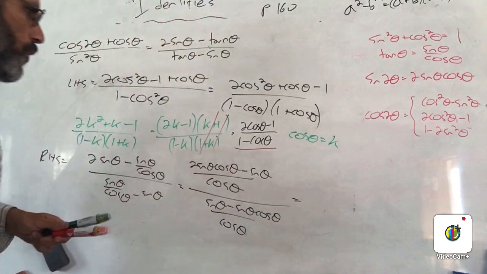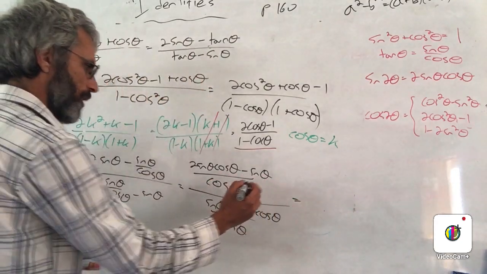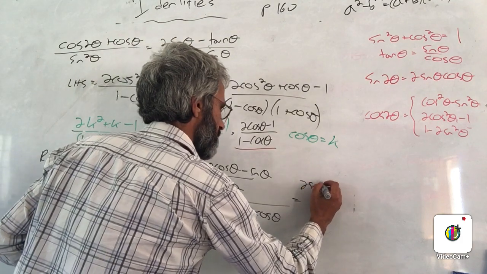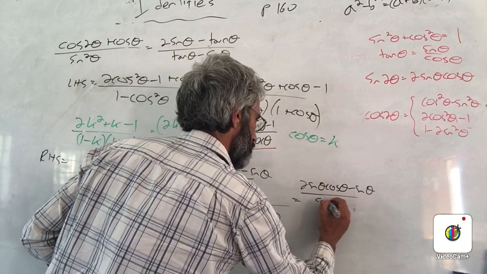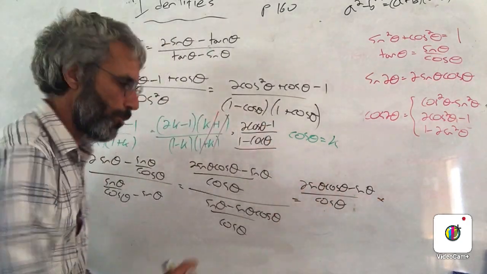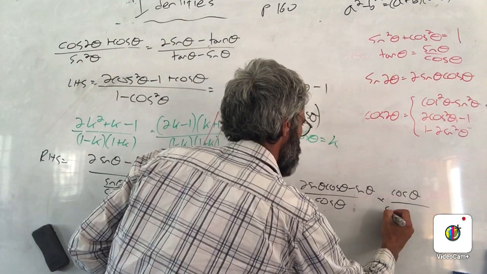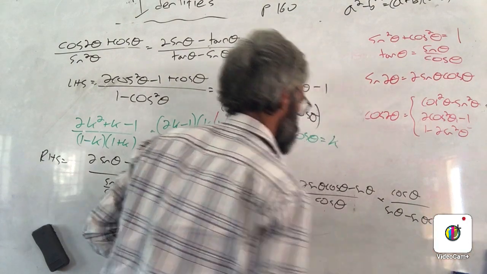Okay, so yes, now I see what I'm gonna do now. So first of all, I'll do it in 2 steps. I'm gonna first of all flip that. So I'm gonna have 2 sine theta cosine theta minus sine theta divided by cosine theta, that's the top, multiplied by this. Cosine theta divided by sine theta minus sine theta cosine theta.